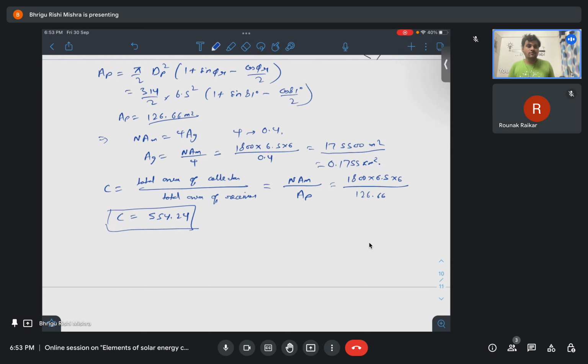So we need to optimize both field and receiver to get maximum efficiency as well as minimum cost. These are the three questions I had.